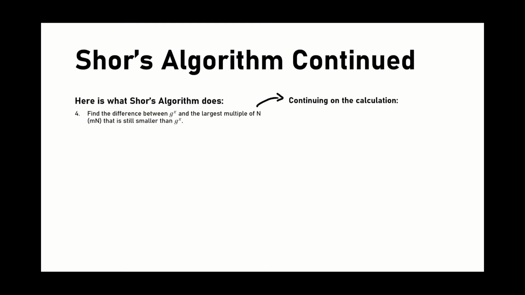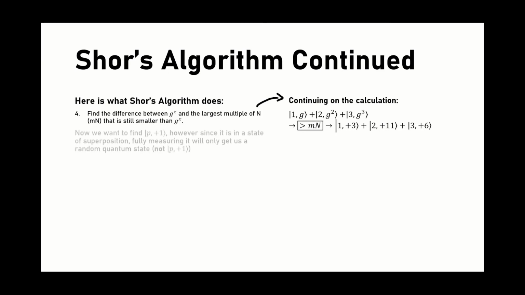So if we continue on this calculation, we have our inputs here, and we run it through our function, and we get this. Now, we want to find p plus 1. However, since it's in a state of superposition, fully measuring it will only give us a random quantum state, and it will most likely not be p plus 1.